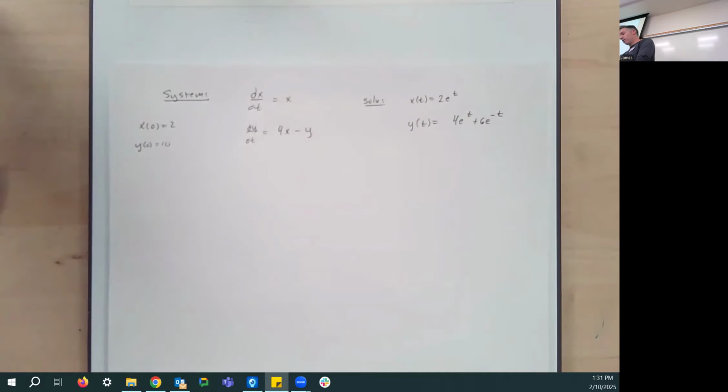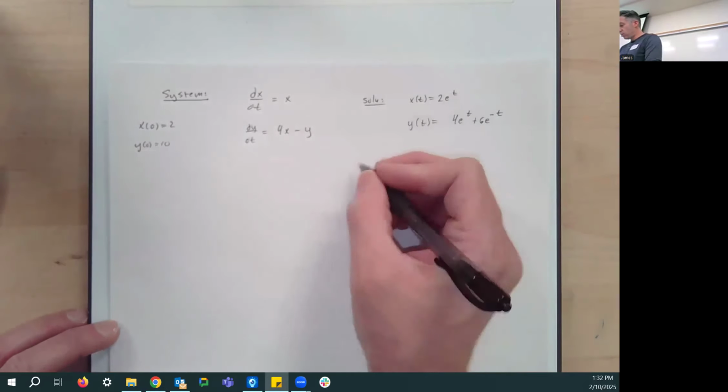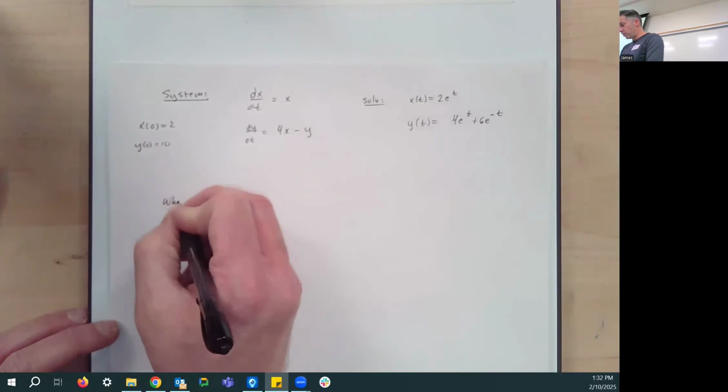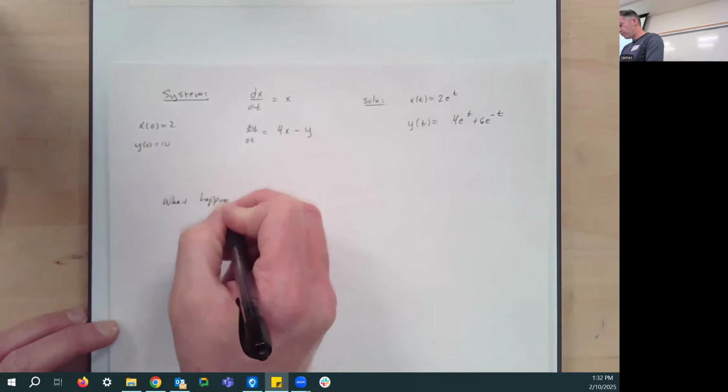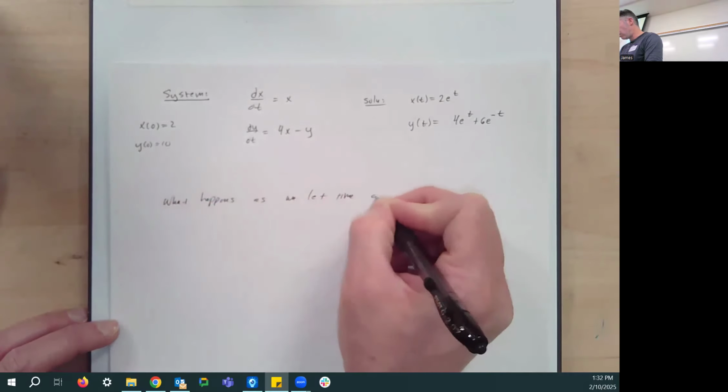So there's a few things going on here that we should talk about. What's happening to these populations as time goes on? Are they growing larger or growing smaller? So what happens as we let time go on?